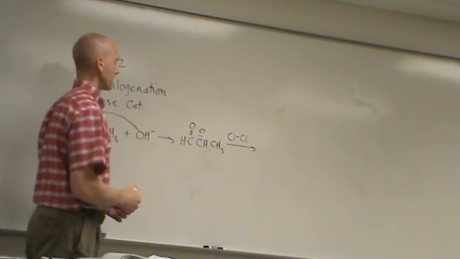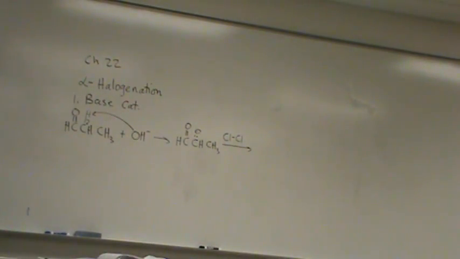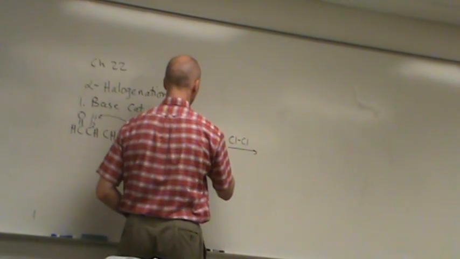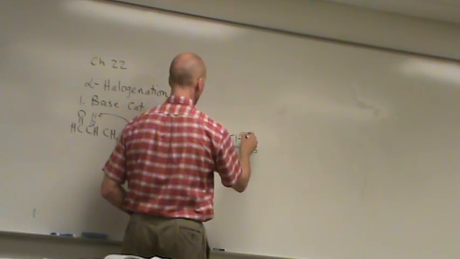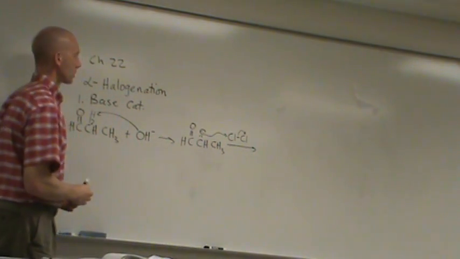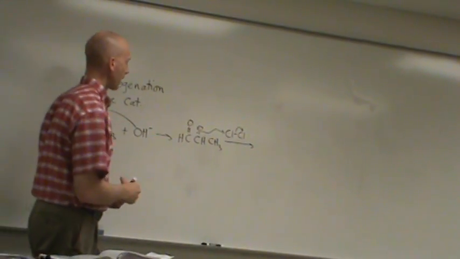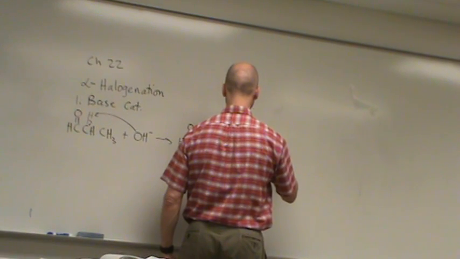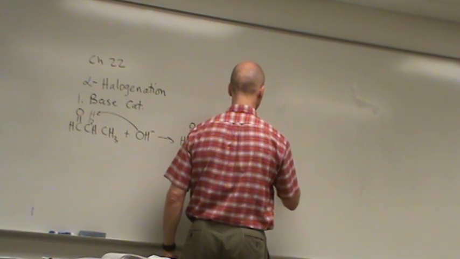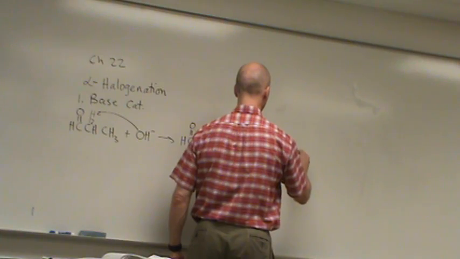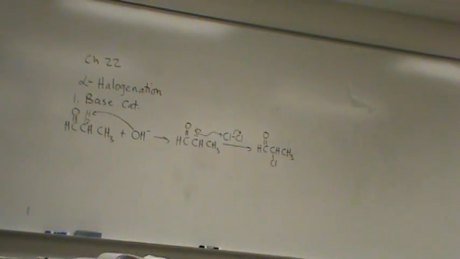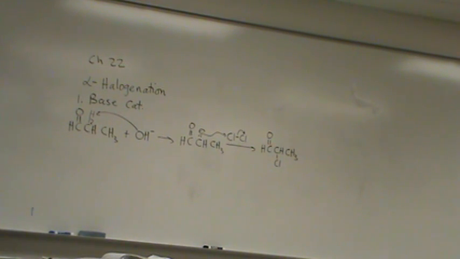And let's bring in, say, chlorine, a dihalogen. So it attacks one of those chlorines and the other acts as a leaving group. And so we get an alpha halogenated molecule.